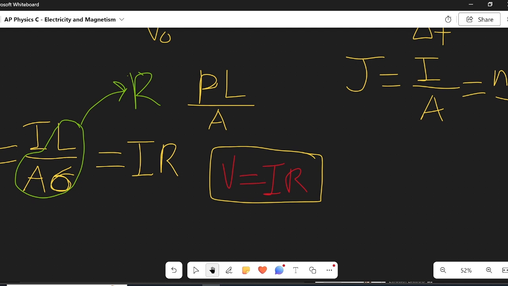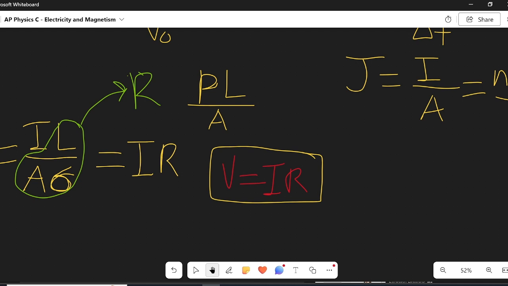Unless otherwise stated, on the AP exam, the resistivity of conducting materials is considered constant regardless of temperature. We assume temperature to be constant on the actual AP test. And resistors usually convert electric potential energy to thermal energy, so this will cause the resistor to get pretty hot as charge goes through it, and it'll increase the temperature of the resistor's environment.